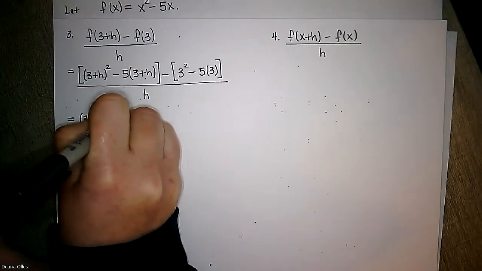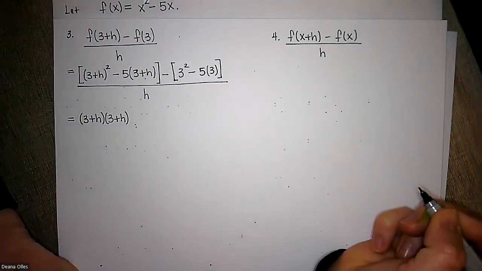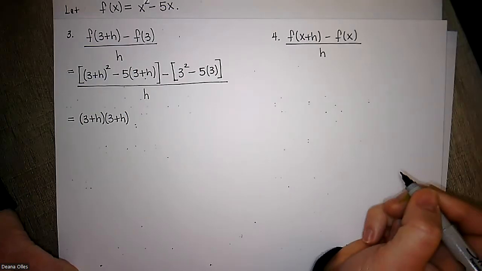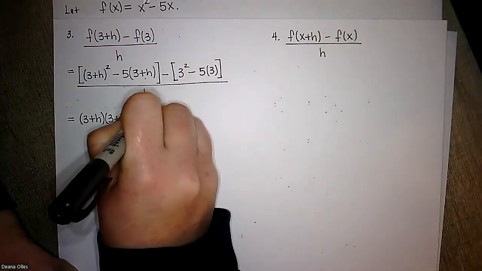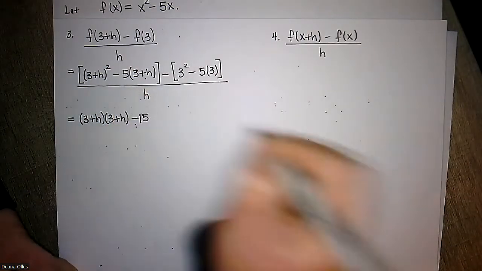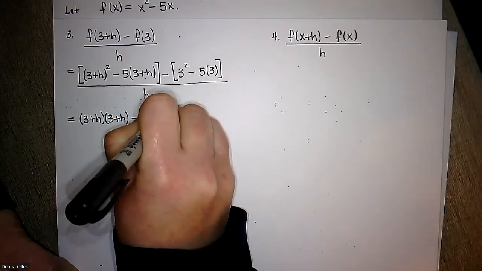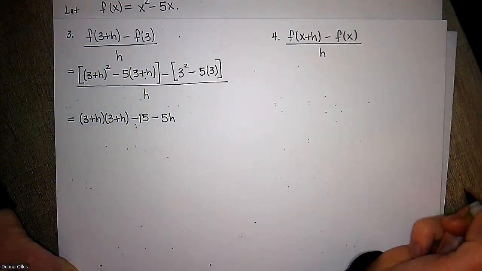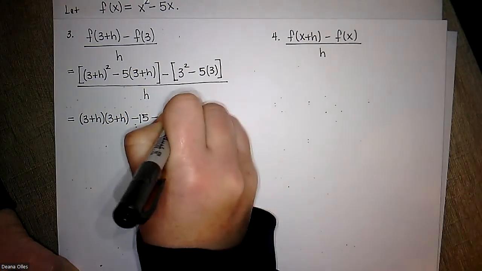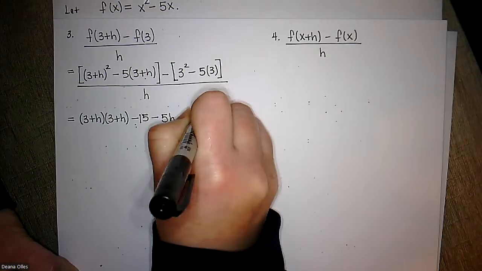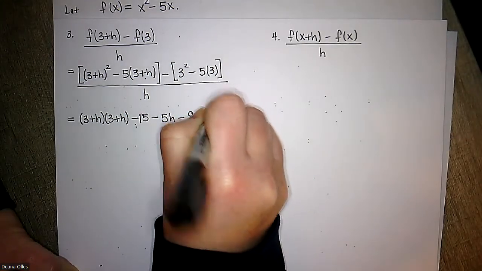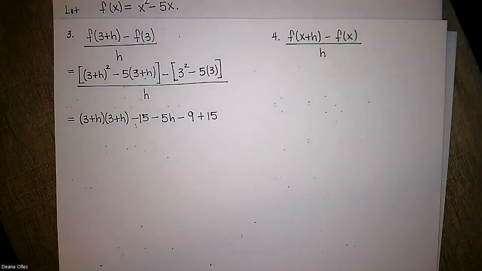So I strongly encourage you to write that out. 3 plus h times 3 plus h. All right, I'm going to distribute through the negative 5, giving me negative 15 minus 5h minus 9 plus 15. Okay.